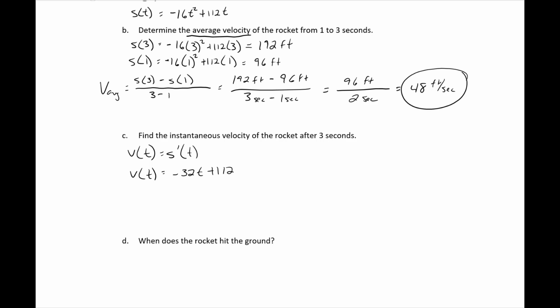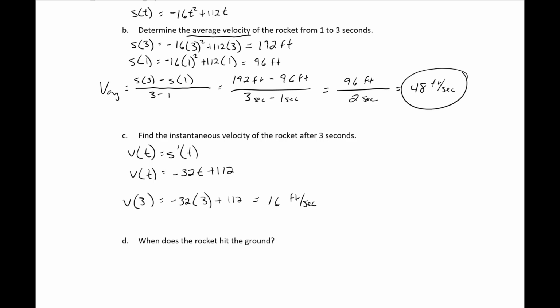That's our instantaneous velocity formula. Now we need to find the velocity at time 3 seconds. That gives us negative 32 times 3 plus 112, which gives us 16 feet per second.